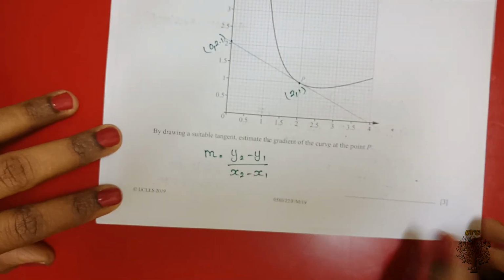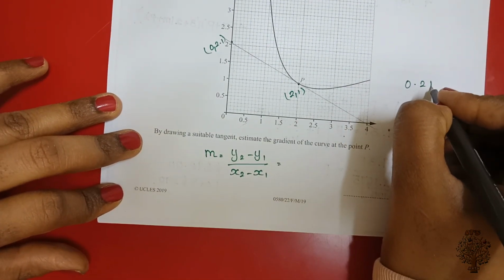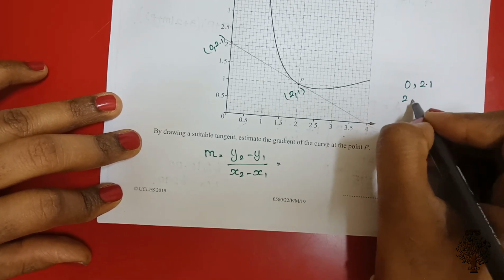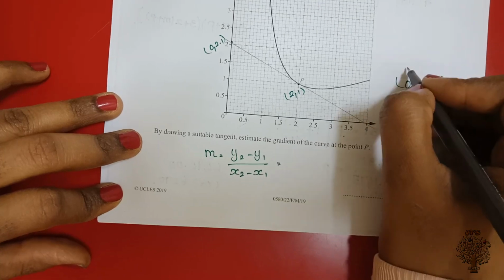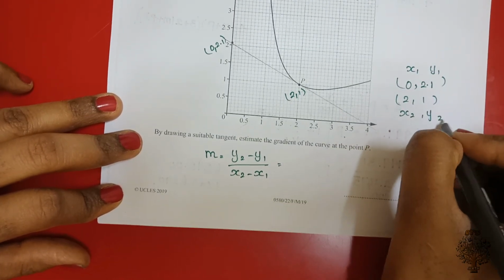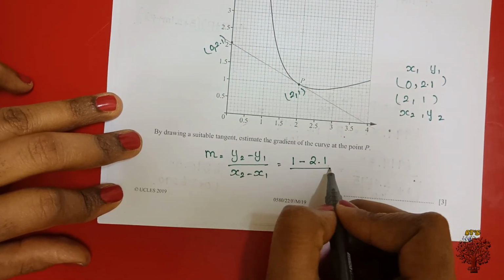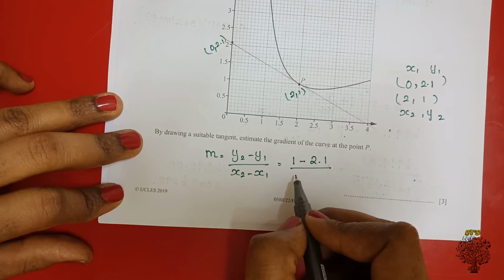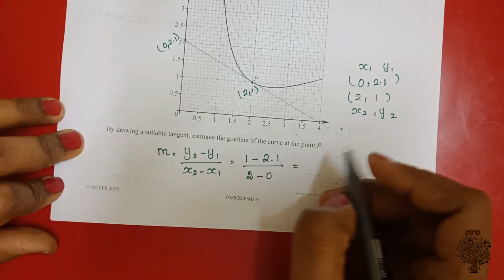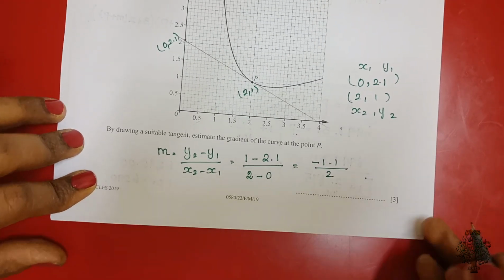Okay, now I can go with my formula. I am fixing (0, 2.1) and (2, 1). Let me mark this as x1, y1. This is x2, y2. Now 1 minus 2.1 divided by 2 minus 0, which gives me here minus 1.1 divided by 2.